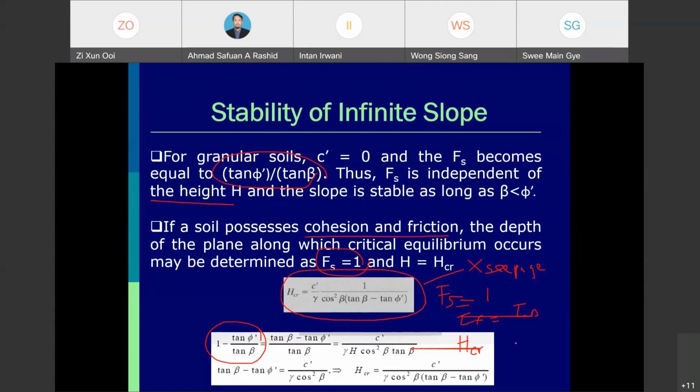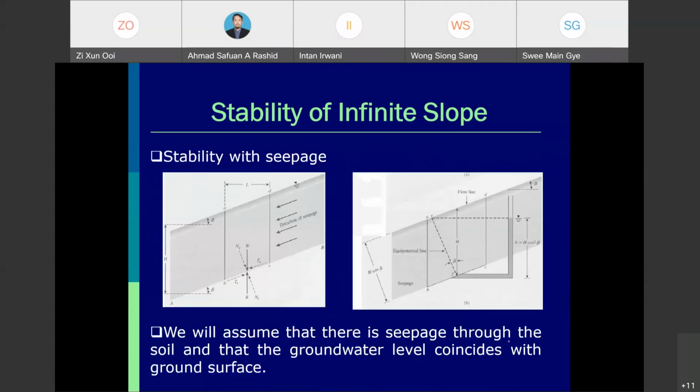Now we move to another example, where they derive an equation for the stability of an infinite slope having seepage, where the slope has a seepage at the slope surface.